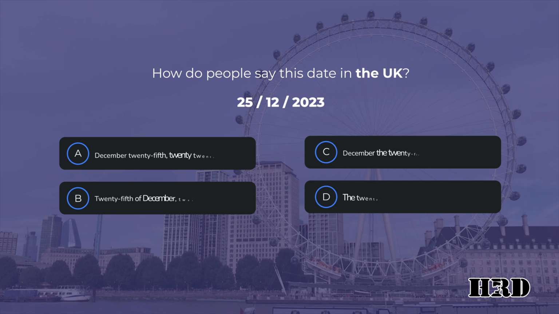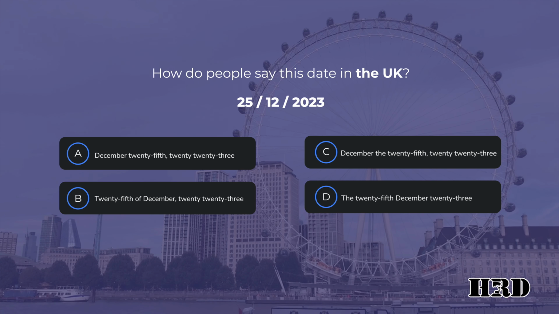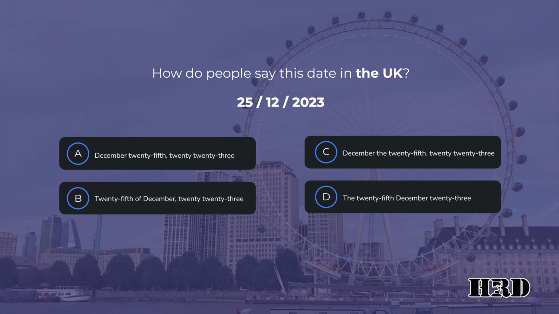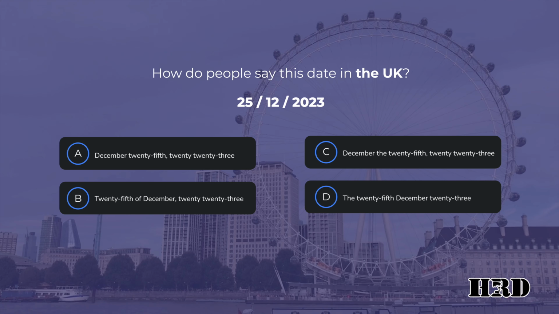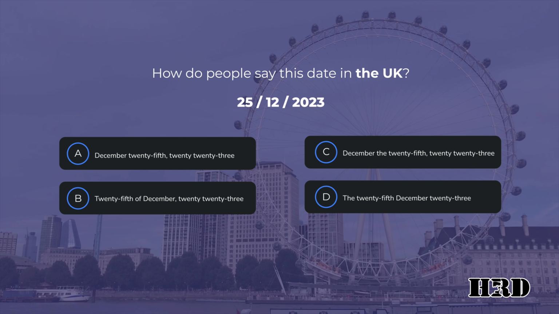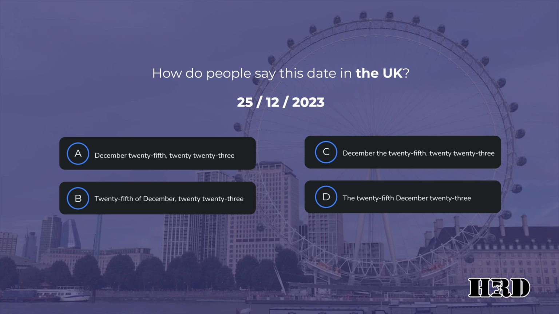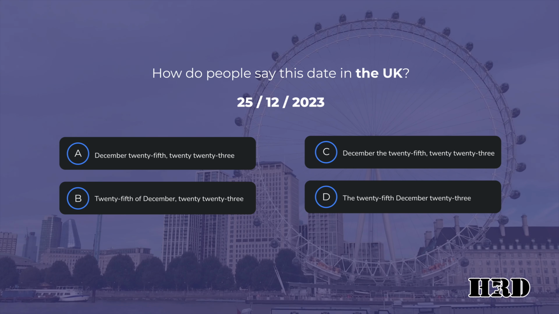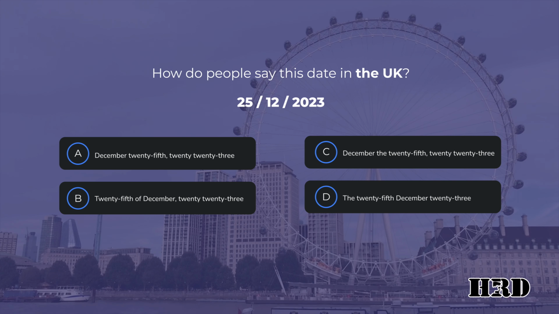How do people say this date in the UK? A. December 25th, 2023. B. 25th of December, 2023. C. December the 25th, 2023. D. The 25th December, 23.